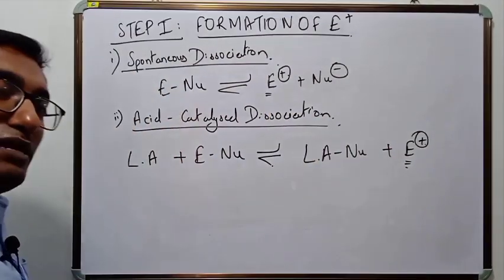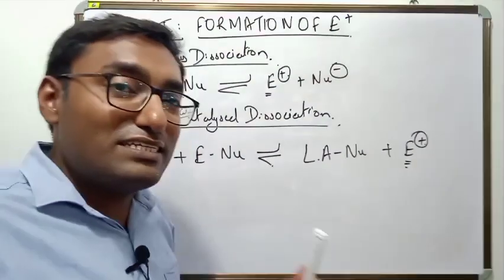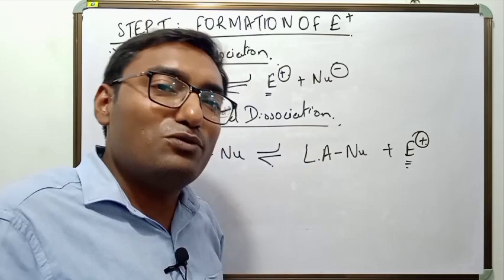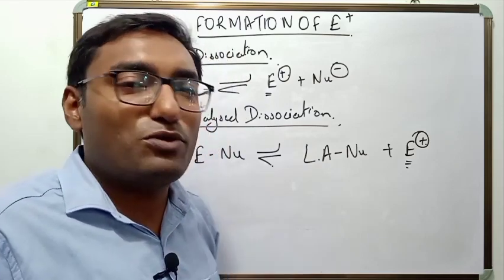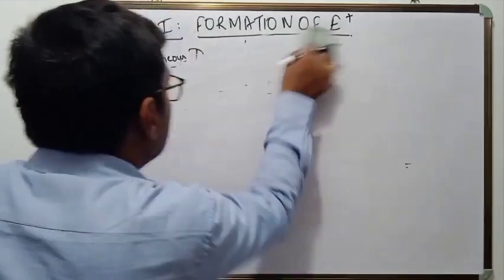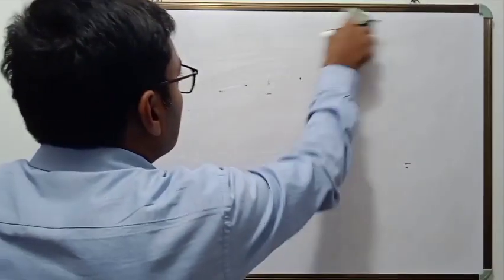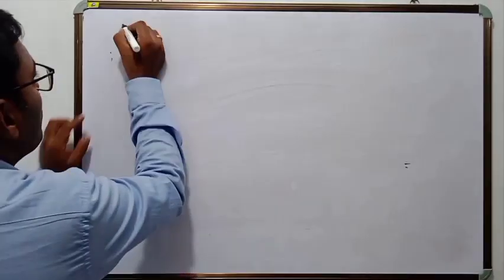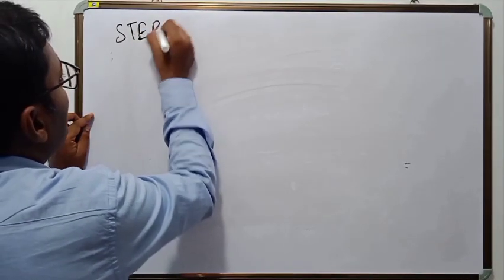Now it is the time that the electrophile attacks the benzene ring and forms a carbocation. So we go to the second step, formation of carbocation. Let me rub the board to show you that step. Step 2, formation of carbocation.